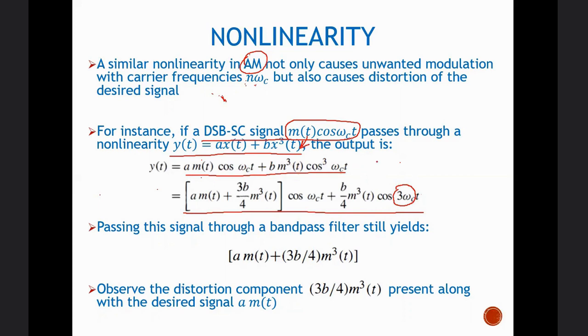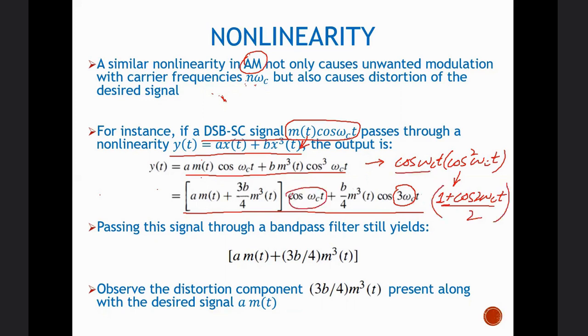Just to give you an idea where it's coming from, cos cube can be written as cos omega c t into cos square omega c t. This cos square omega c t can be written again through the same trigonometric identity that we saw previously. When we take this cos omega c t common, we are left with this expression.